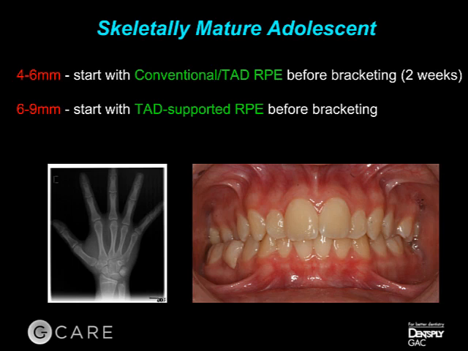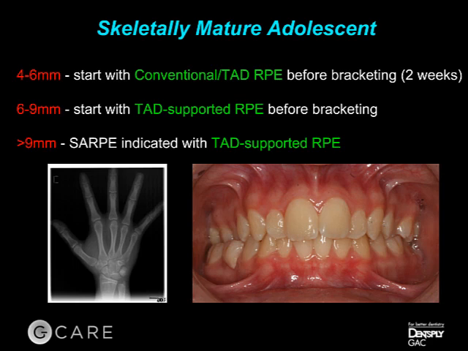For kids that are greater than 9 millimeters, sometimes I still think a SARP is indicated, and now I'm using a TAD-supported RPE for all the SARPs just to be able to have less bulk in the mouth. This is once again a diagnostic decision, whether the case is a SARP or a multiple stage surgery, but we're talking about severe skeletal problems in those types of cases.